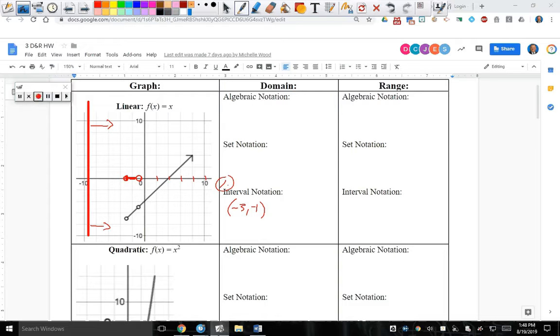All right, so interval notation. We just accounted for that first one. Now we're going to union, and now we're going to account for the rest of this graph. Abad, what would I do from here? For interval notation, I just did negative 3 to negative 1. Now what's the next interval?